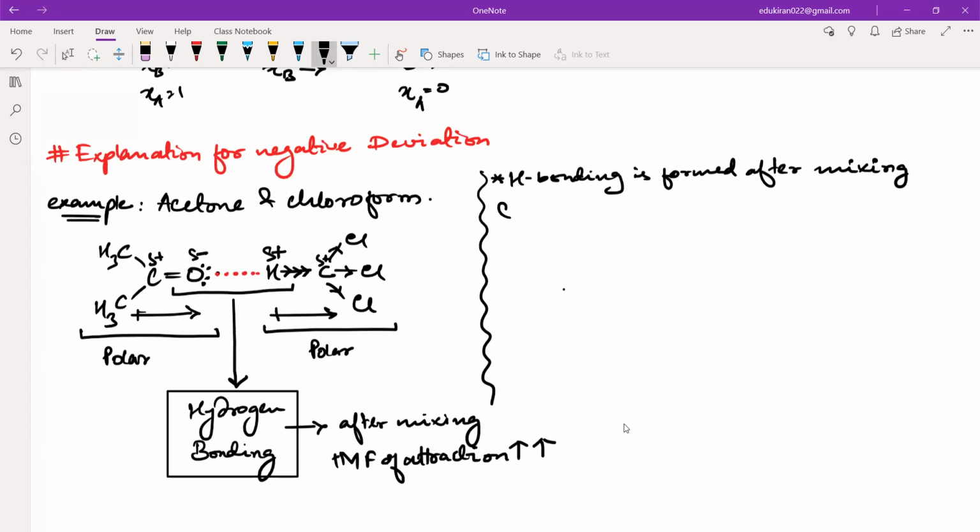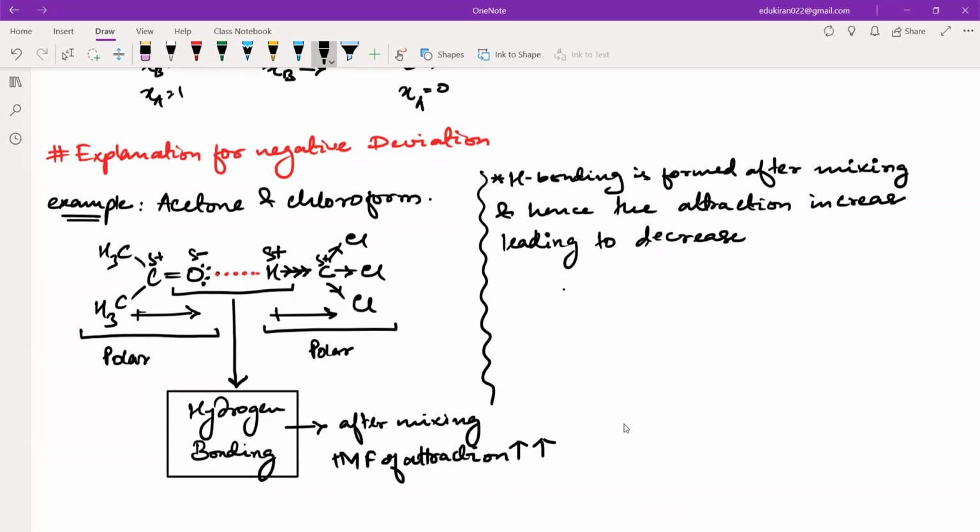And what is going to happen? Hence, the attraction increases, leading to a decrease in vapor pressure.